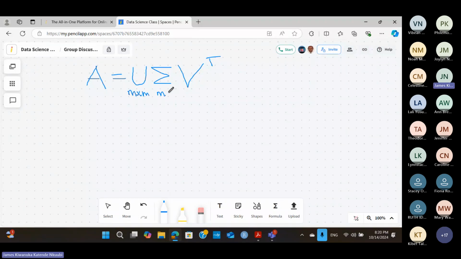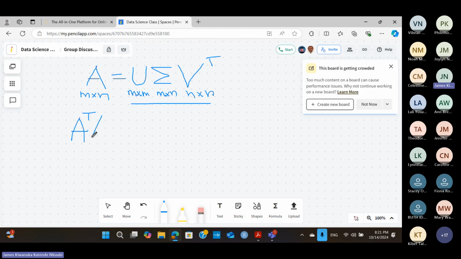We want this to be M by N. We want this to be an N by N matrix. Now the assumption is that A, the initial matrix, is M by N. So when you multiply this out, you should get the initial matrix. Now if you want to get V, the first step you will do is to multiply A transpose by A. Is that okay?